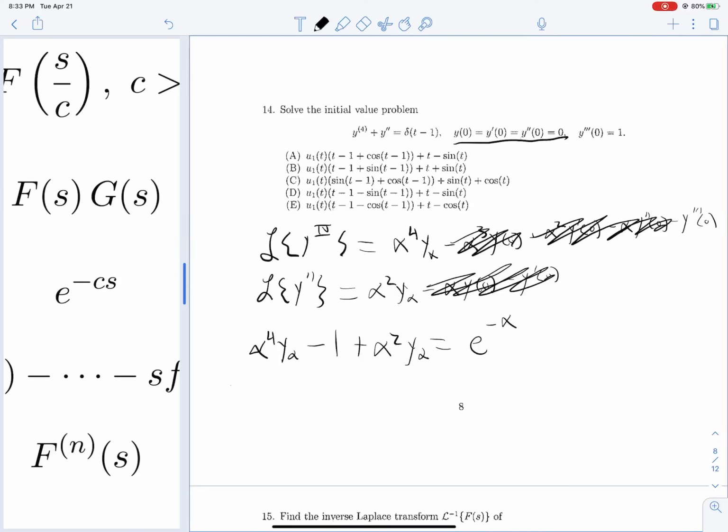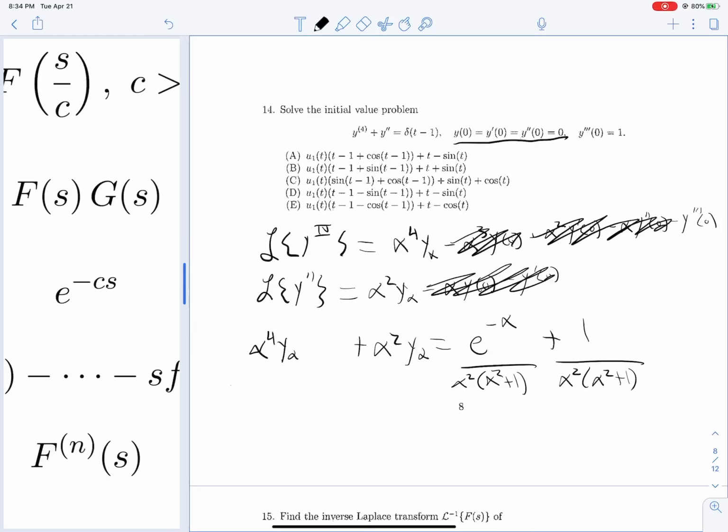Okay, looks good. Let's add that 1 over to this side and divide both of these by alpha to the fourth times alpha squared, which we can rewrite as alpha squared times alpha squared plus 1 over alpha squared times alpha squared plus 1.